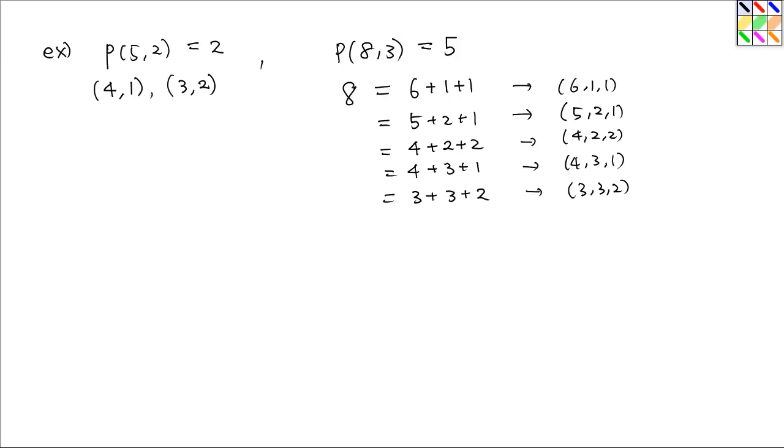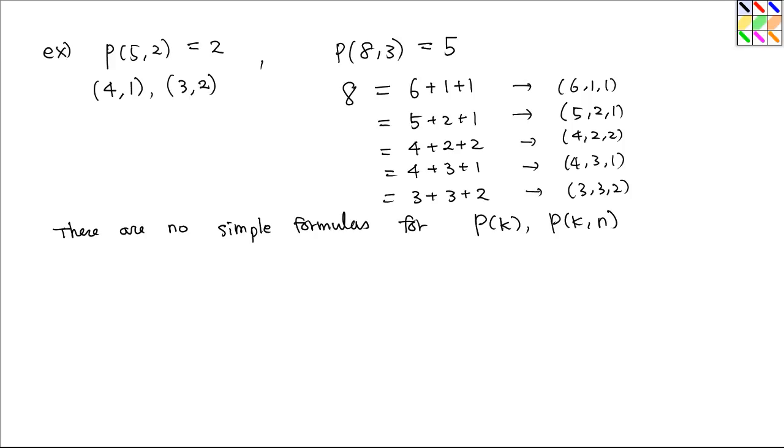This definition of partition is very simple, but surprisingly, there are no simple formulas for the number of partitions, or the number of partitions of k into n parts. It's generally difficult to compute these numbers.